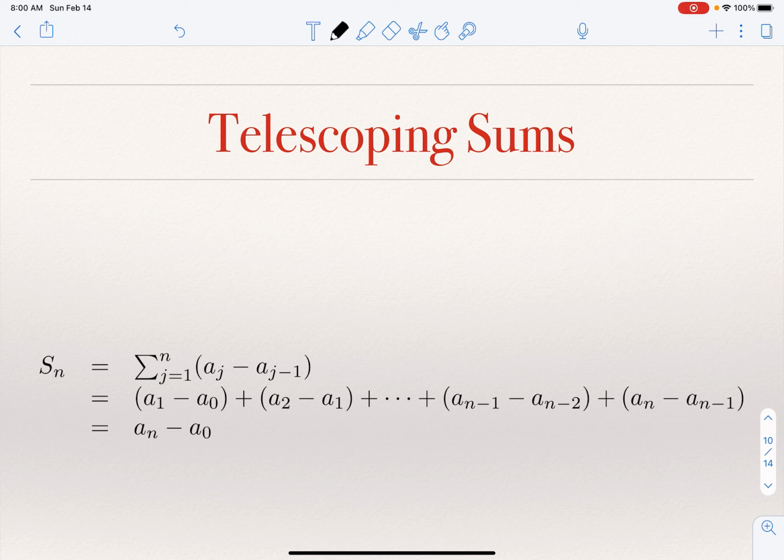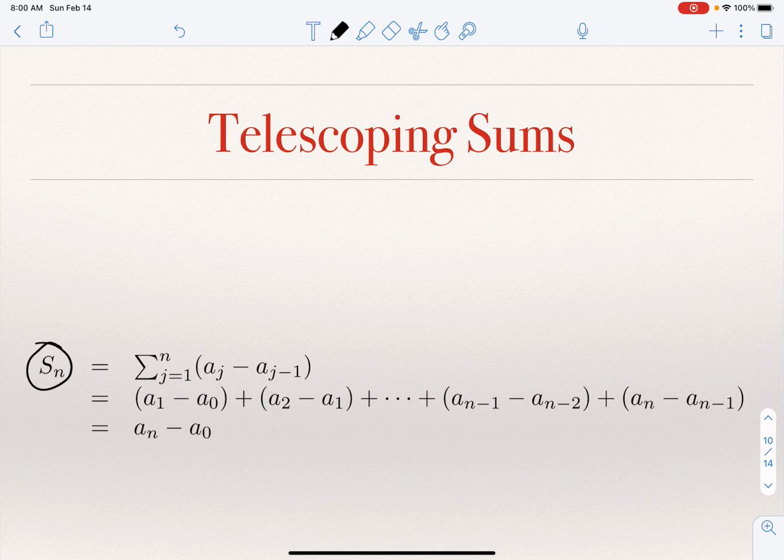Imagine that I'm interested in the series Sn, the element Sn in a series, and that Sn is the sum from j equal 1 to n of aj minus a(j-1). Okay, so if you open up this sum here, you will see that when j is 1, this term here is a1 minus a0.